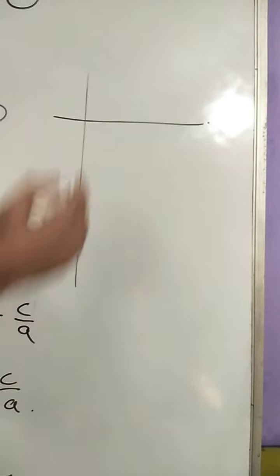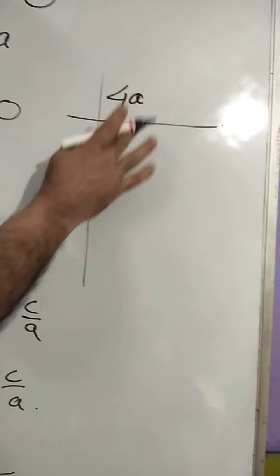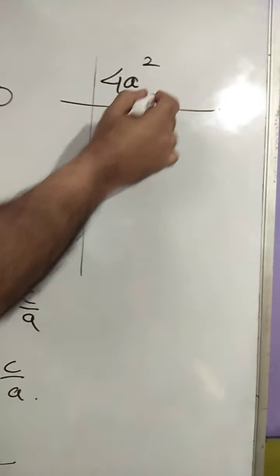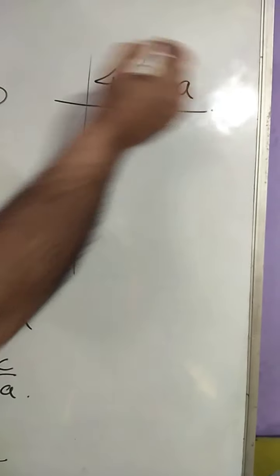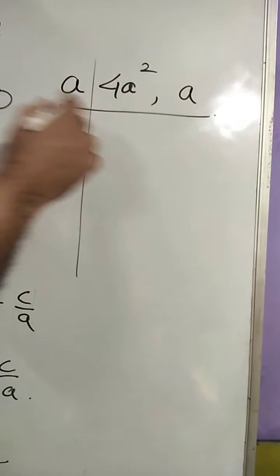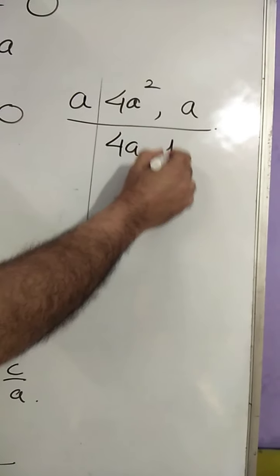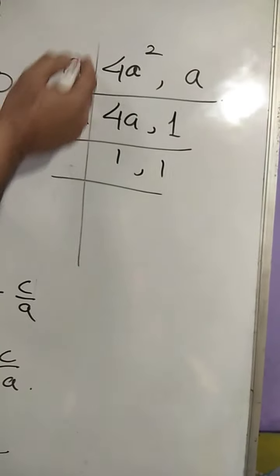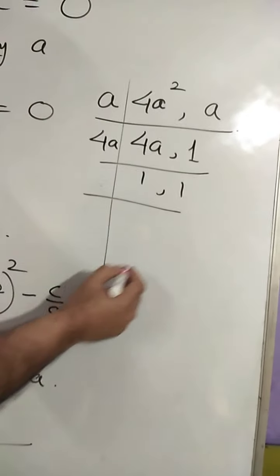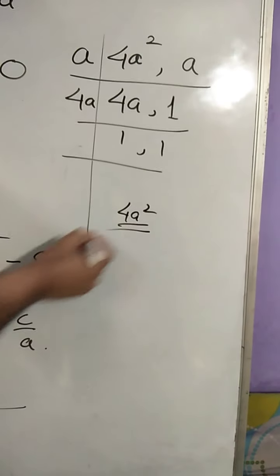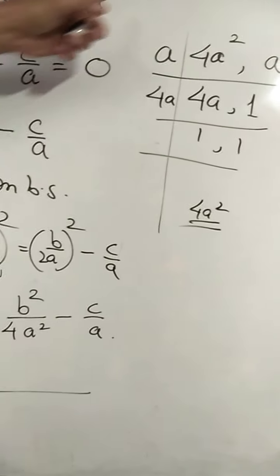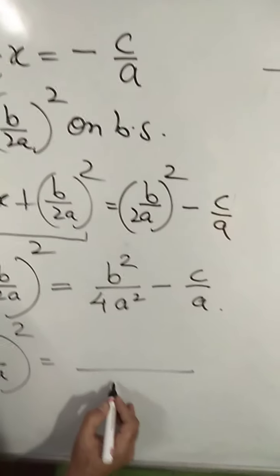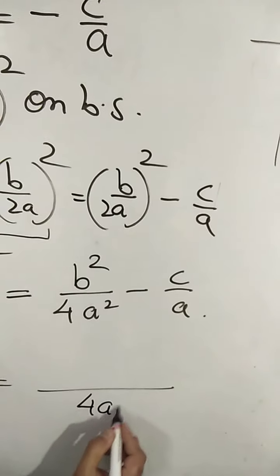Like, which are the two numbers? 4a square, this is rough work, remember. And the second number is a. Firstly it goes with a. So what we have? 4a and 1. Then simply 4a you can say. So what is the LCM? A into 4a, that is 4a square. If you have any doubt, then you can find the LCM this way also. So 4a square and a's LCM is 4a square.